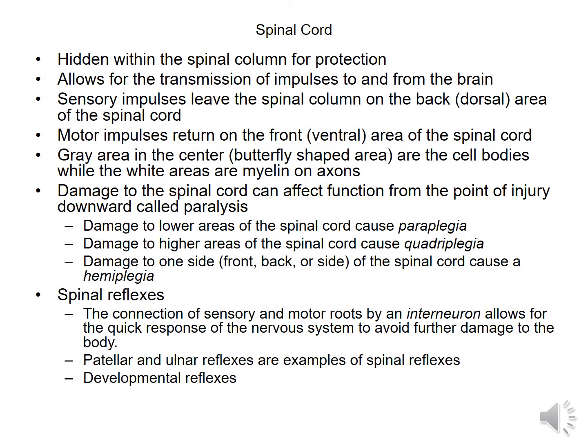The spinal cord is interesting in that it transmits information to and from the brain. Depending on where injuries occur, you can have a loss of function, as indicated on the next slide.